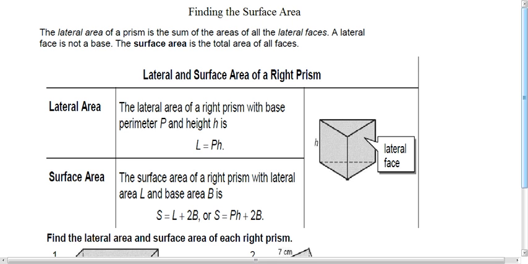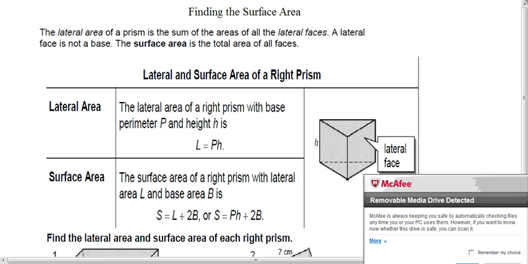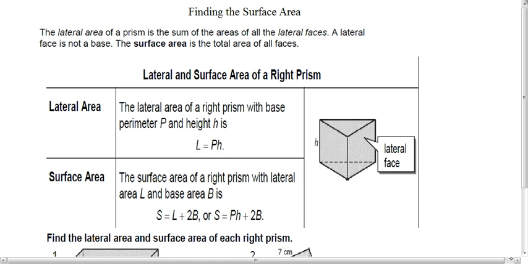If we look at this particular formula here, what we need to do is change this formula from L equals pH to S is equal to capital P, or big P, times H. And here when we talk about P, we are simply talking about the perimeter of the base.